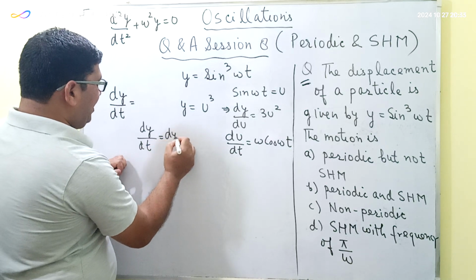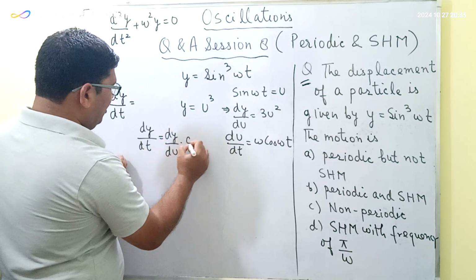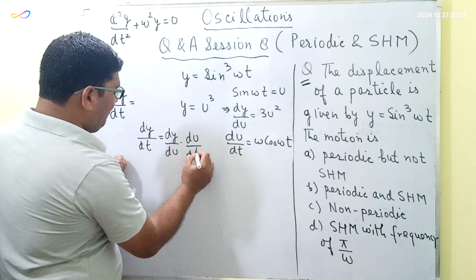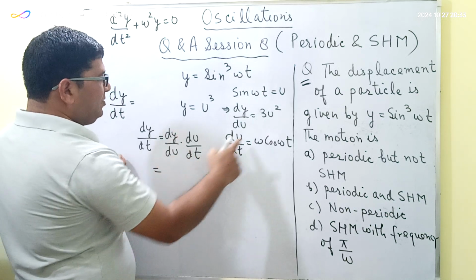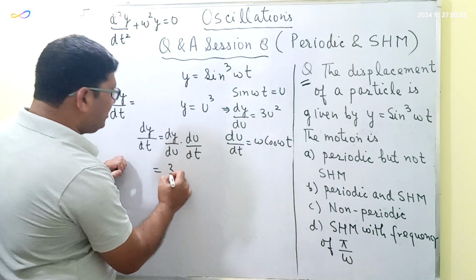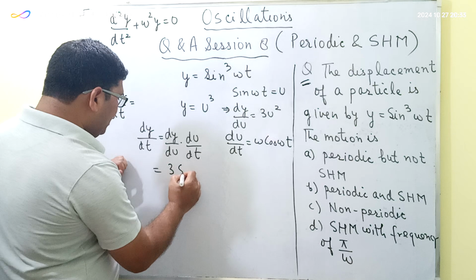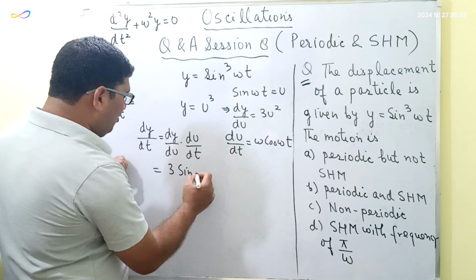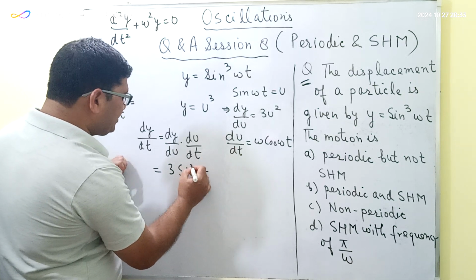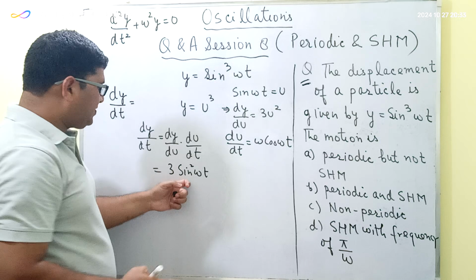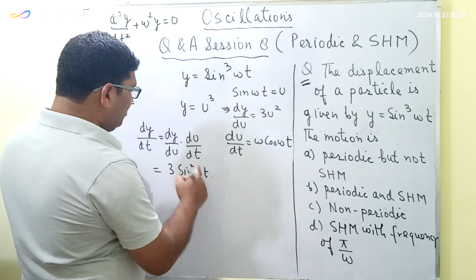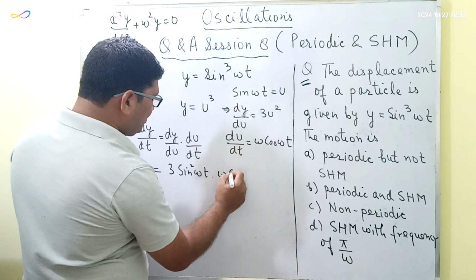So dy by dt is equal to dy by du into du by dt. So dy by du is equal to 3u square. So u is equal to sine omega t, and I will just put the value of u as sine omega t, and this is u square, so it will be sine square omega t into du by dt, which is omega cos omega t.